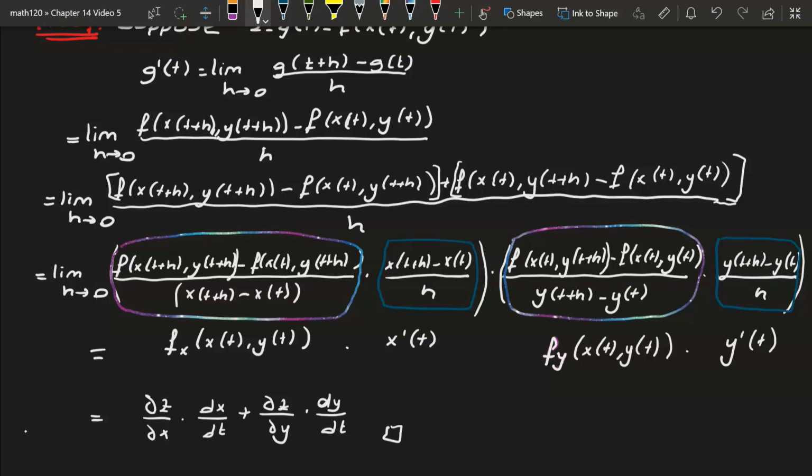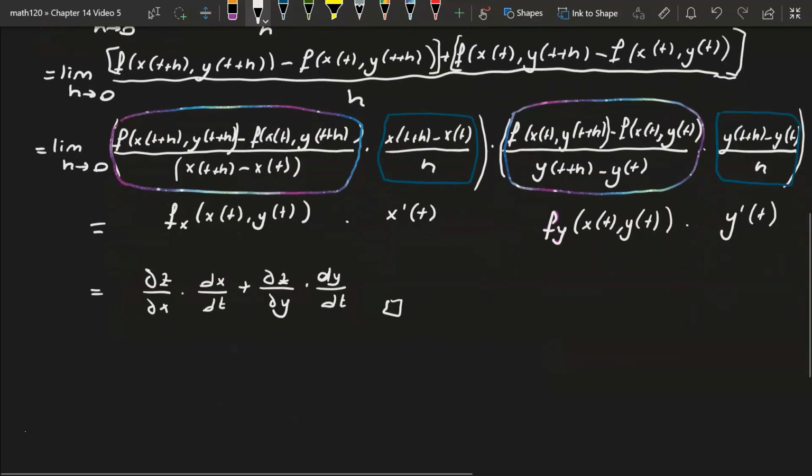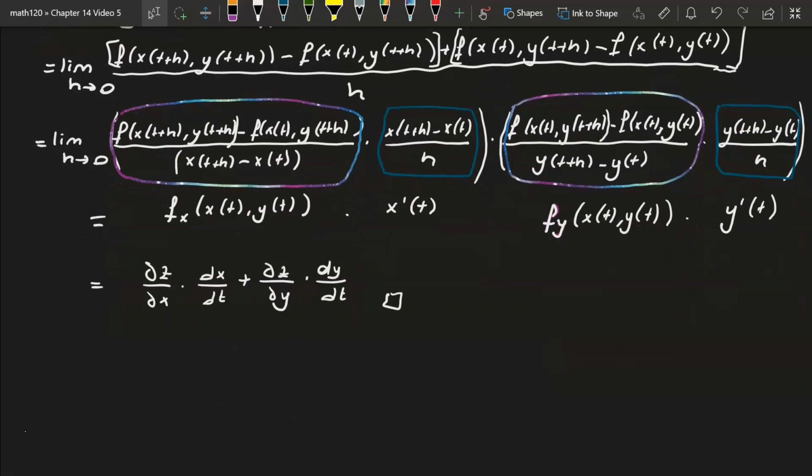So now we are ready to write the theorem, which is the chain rule for multivariable functions.